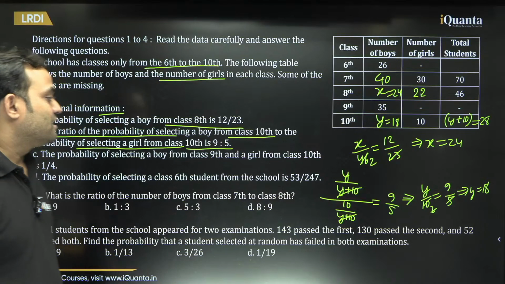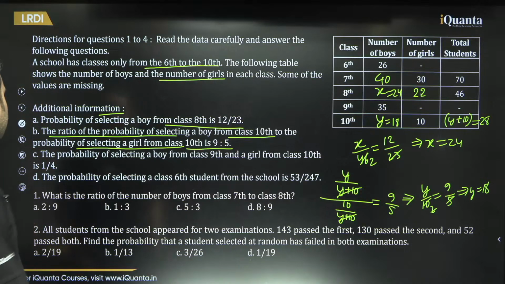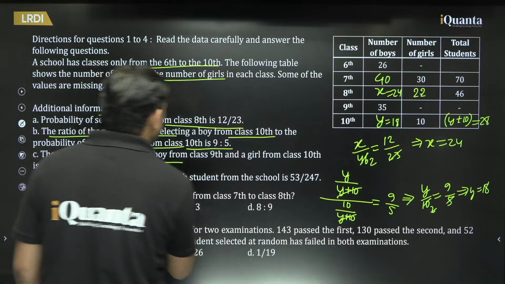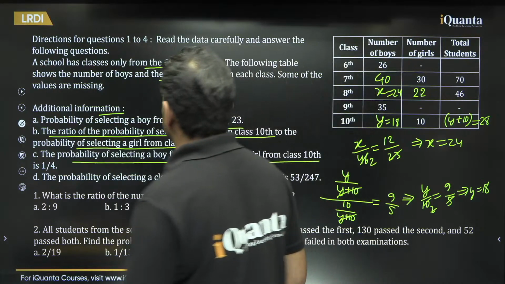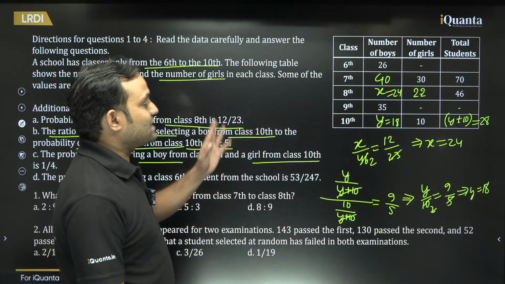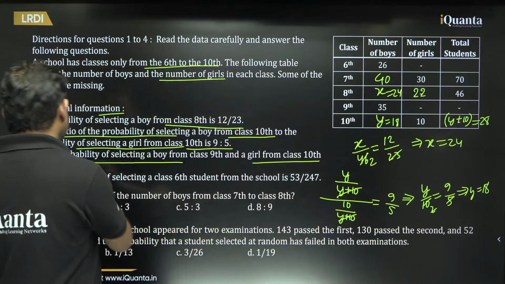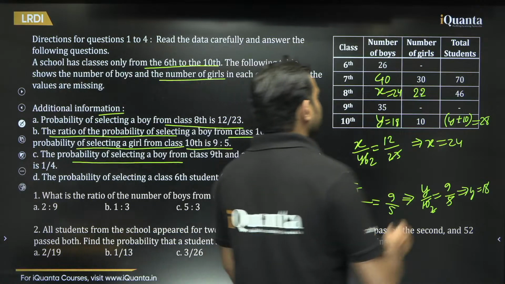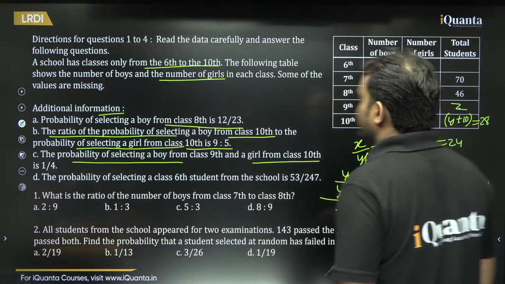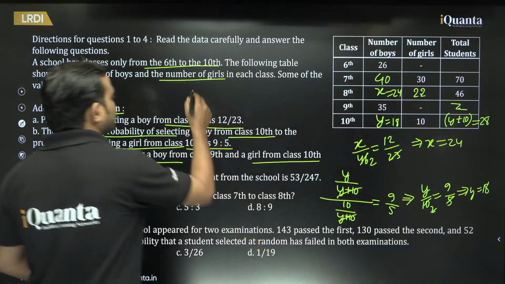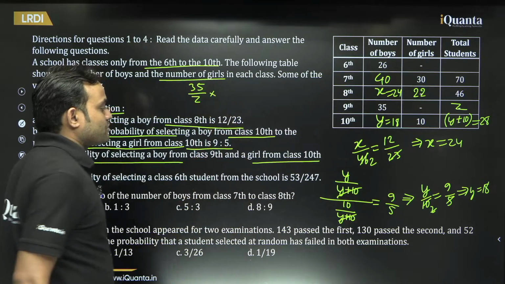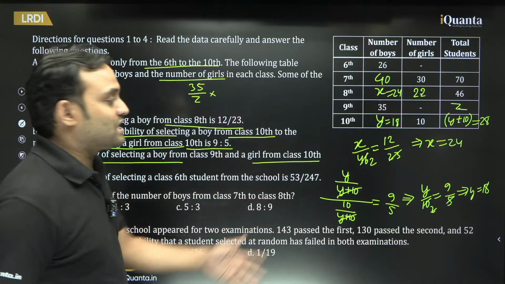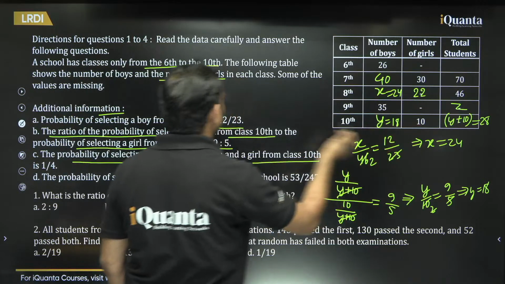Right? Now, next point. The probability of selecting a boy from class 9th and a girl from class 10th is 1 by 4. From class 9, probability of selecting a boy, let's say if this value is z, then probability of selecting one boy, 35 upon z into probability of selecting a girl from class 10th will be 10 upon 28.